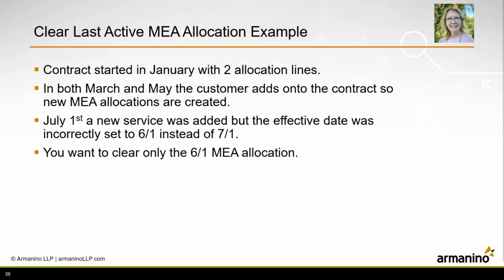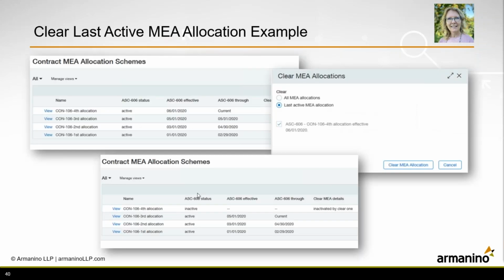Then in both March and May, the customer adds on to that contract, and so some new MEA allocations are created. Great, things are going well. July 1st comes along, a new service is added, but somewhere along the way, the communication got messed up and the allocation was set to 6-1 instead of 7-1. And so you want to be able to clear only that 6-1 MEA allocation.